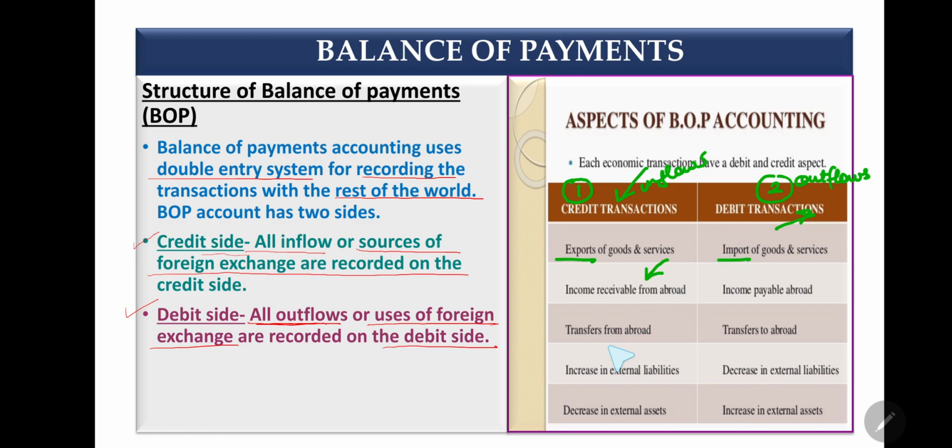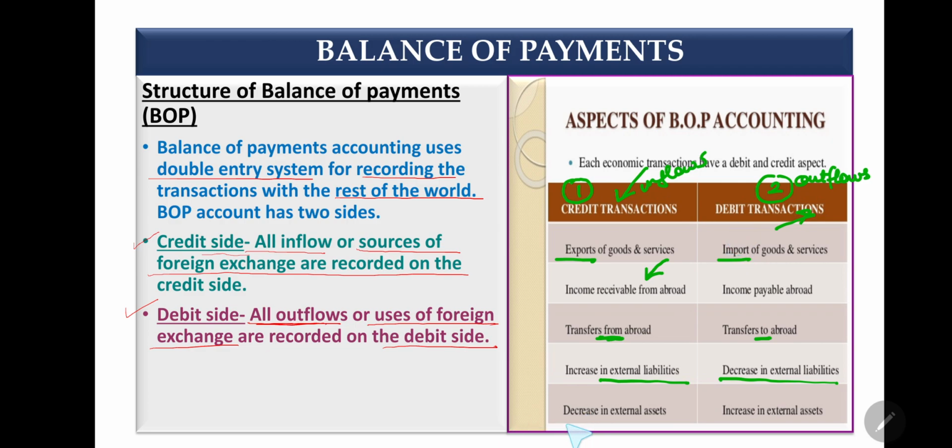Transfers from abroad will be recorded in the credit side, and transfers to abroad, that means you are sending something abroad, will be recorded in the debit side. Take the next example. Increase in external liabilities will be recorded in the credit side. You are earning something from it. Then decrease in external liabilities is another example. It will be recorded in the debit side.